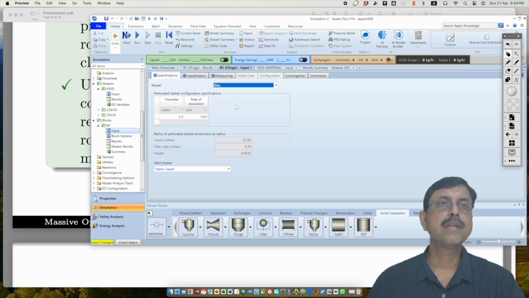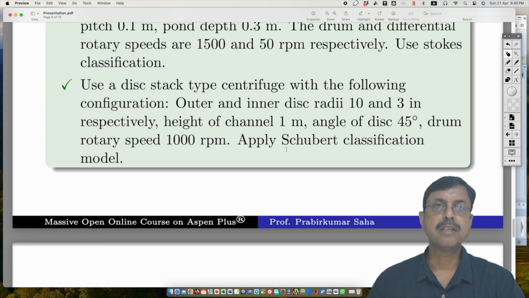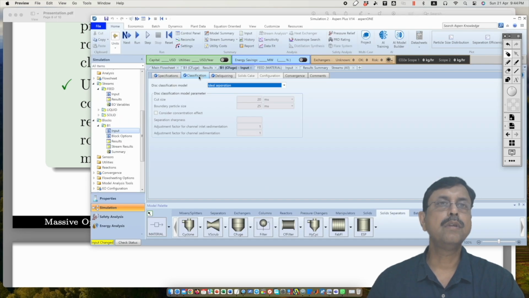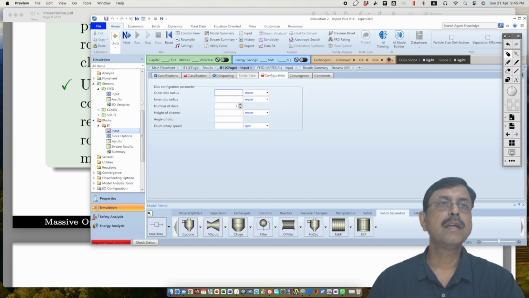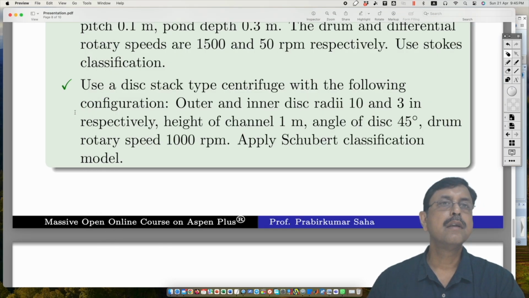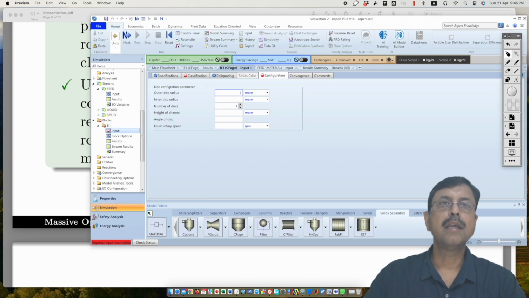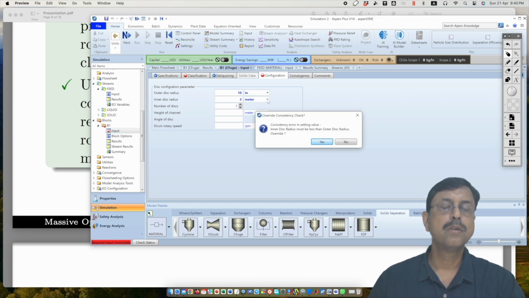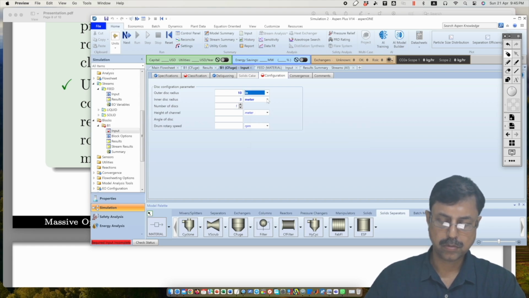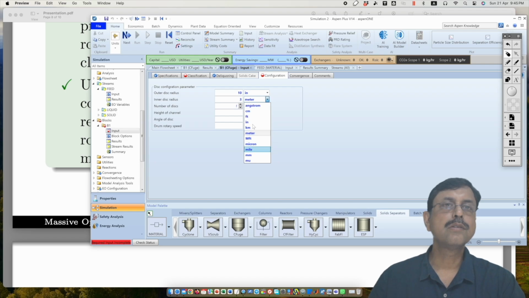Scuba classification model it has asked, so we have to use that. The configuration is outer disk 10 inch and 3 inch.